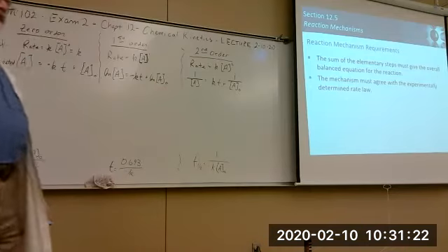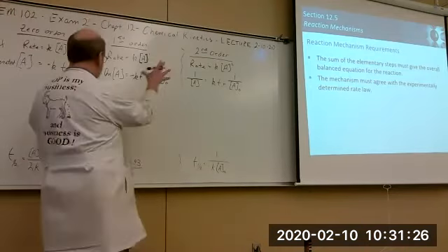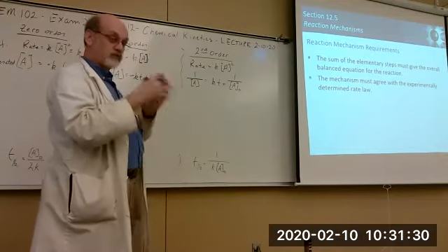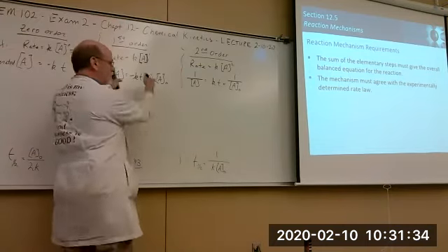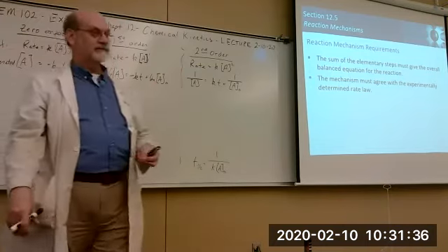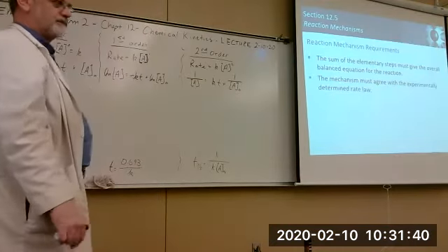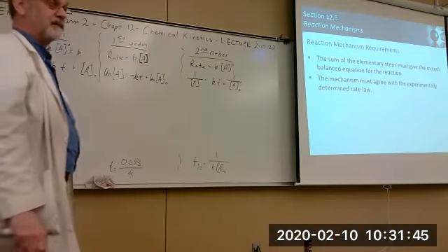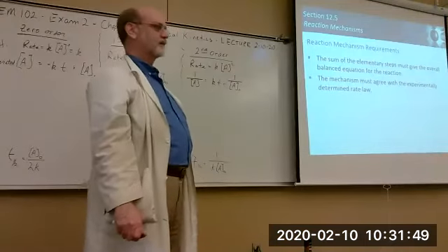So if you determine the rate law, then the slowest step determines the rate, and the slowest step has to agree with your overall rate law. Why the slowest? Because it's the rate determining step; the slowest one determines how fast or slow the total reaction is going to be.